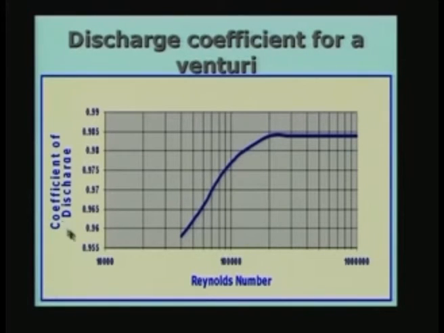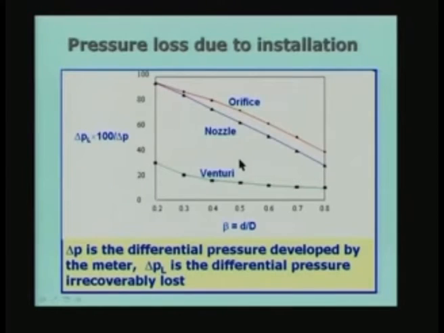The coefficient of discharge is a function of Reynolds number again, starting with a fairly large value of about 0.96, and if the Reynolds number is more than about 2 into 10 to the power of 5, it levels off at about 0.984. I do not have any ready-made formula for this. We can just use this graph and read off the value of the coefficient of discharge from it.